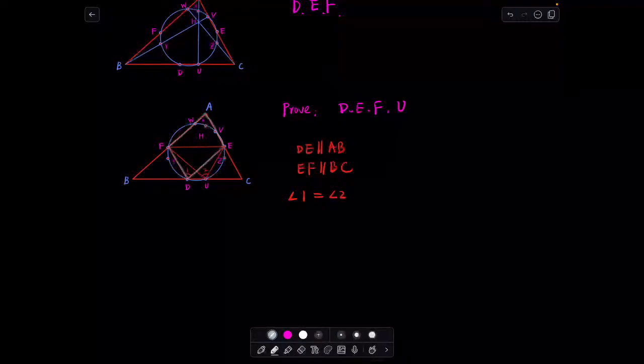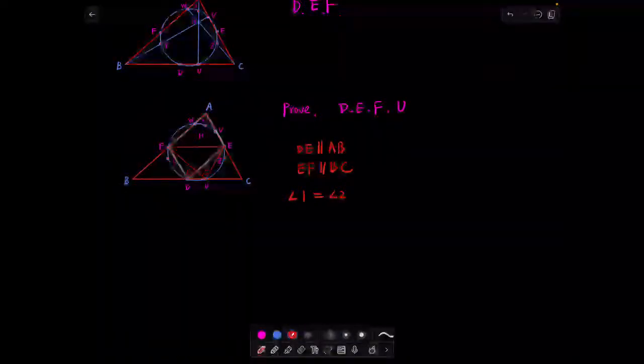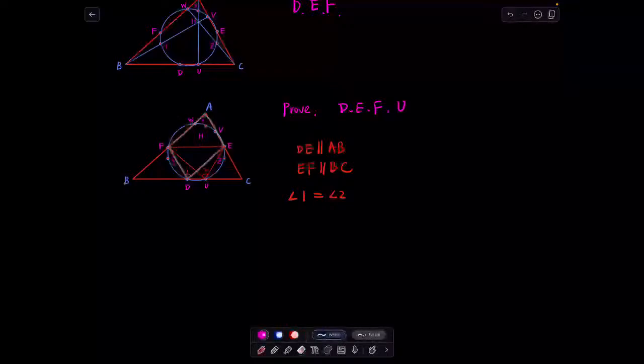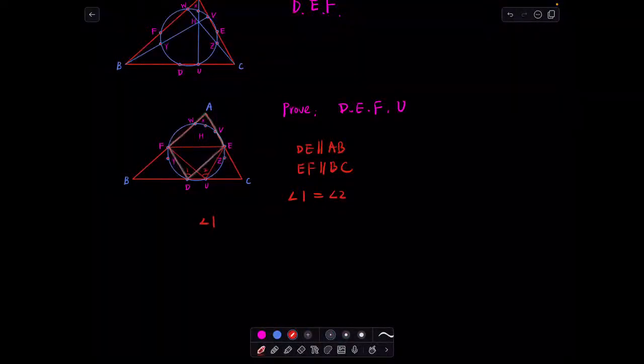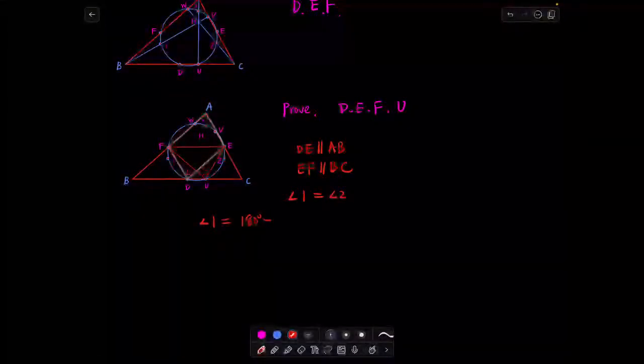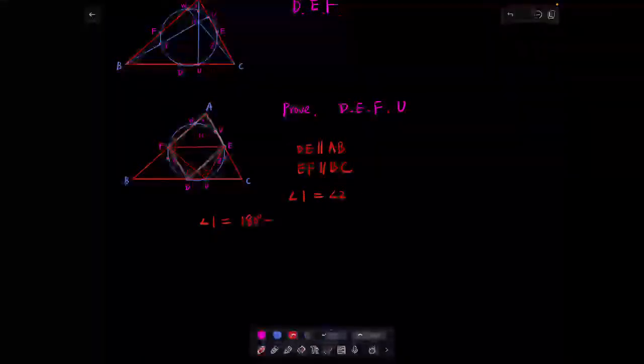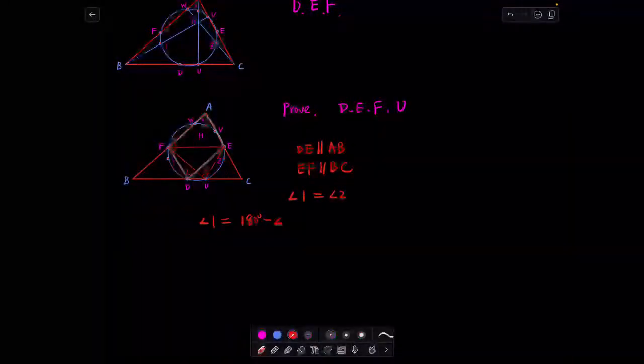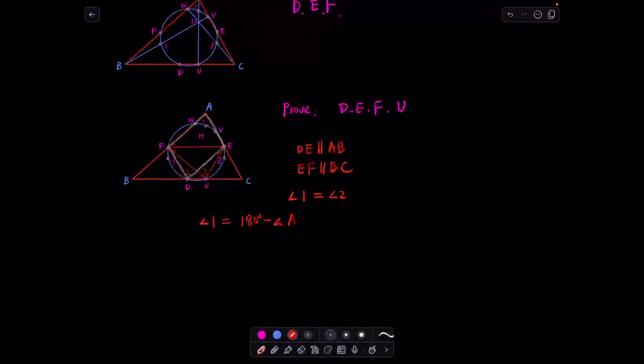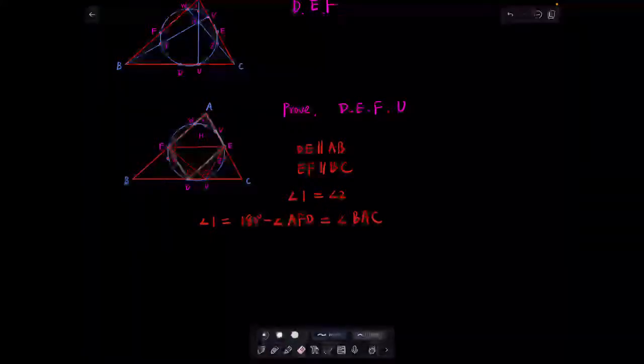So angle 1, from the property of the midpoint parallelogram, is equal to angle AFD, and that would equal angle BAC.